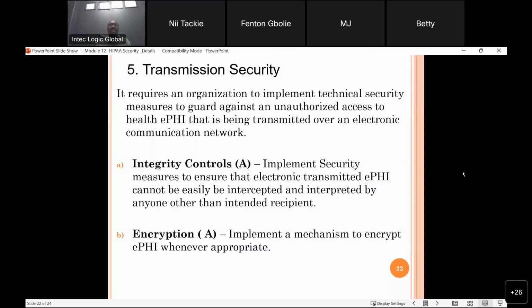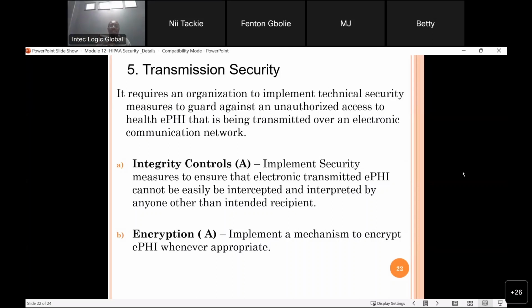So HIPAA says that if you are moving a patient's record from the covered entity to a pharmacy center, it has to go through an encrypted tunnel. It has to go through a secure tunnel so that nobody can intercept that record.